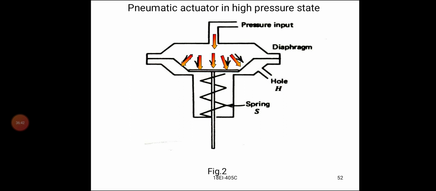The net force F equals the change in pressure, where P1 is the initial pressure and P2 is the higher pressure. The change in pressure P2 minus P1 with the area A gives the net force acting on the stem. The stem moves downwards. The stem is connected to the valve to open or close it.